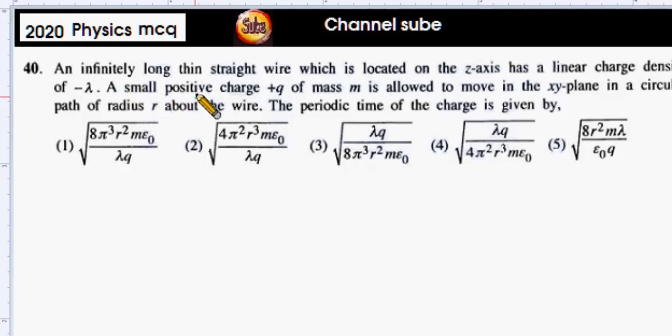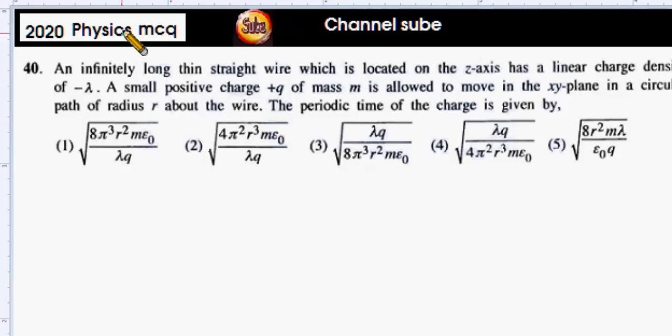A small positive charge plus q of mass m is allowed to move in the xy plane in a circular path of radius r about the wire. The periodic time of the charge is given by, there are 5 answers. Capital T is what they want us to find out. So let us see how this can be done.